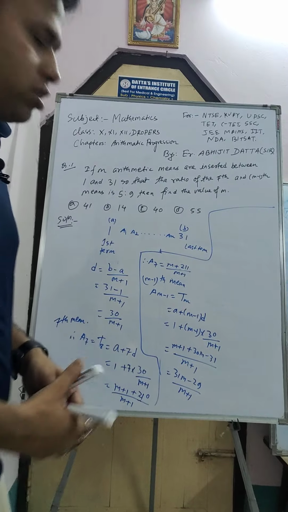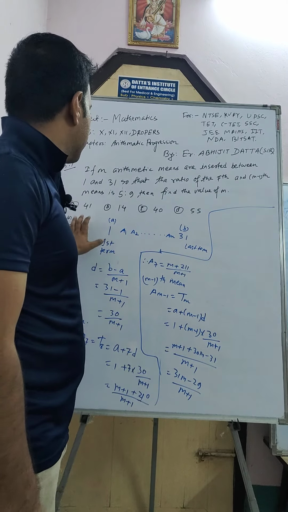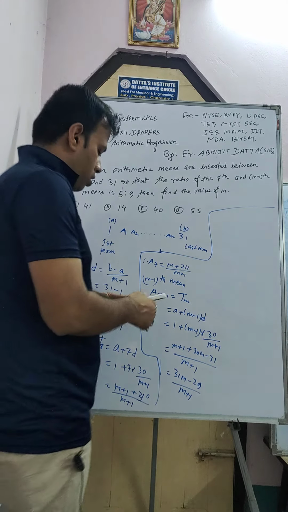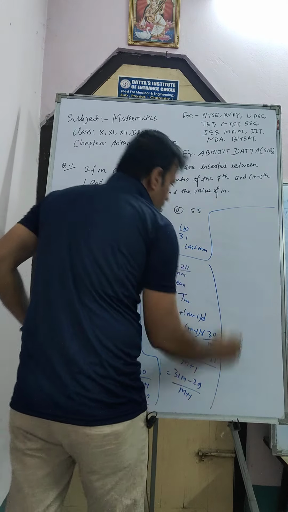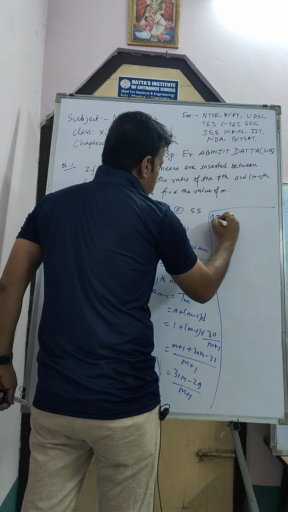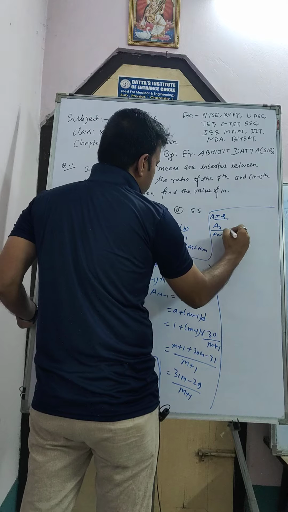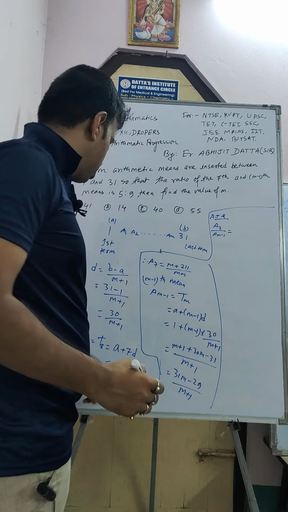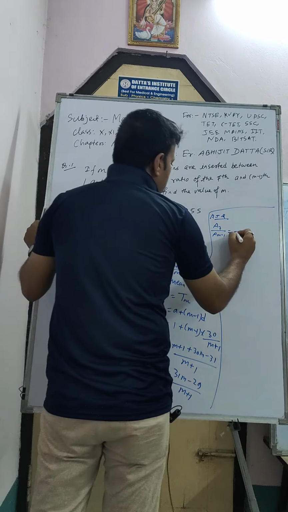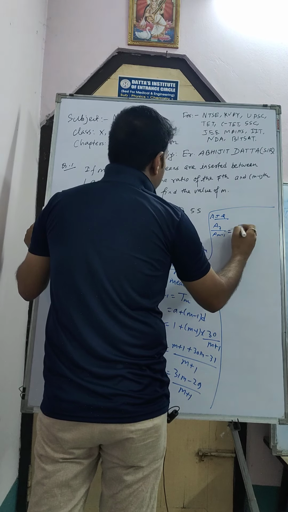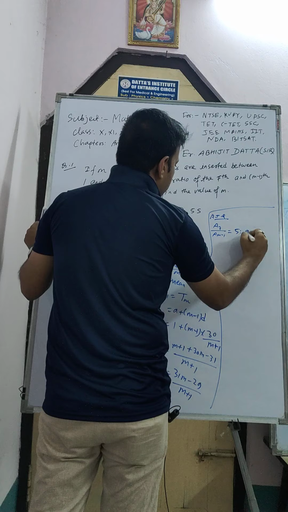Clear? Now what is given? They gave the ratio of the 7th and m minus 1th means is 5:9. Now according to the question, a7 divided by a m minus 1 is 5/9.